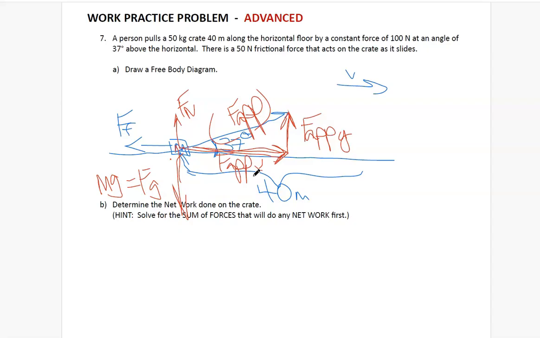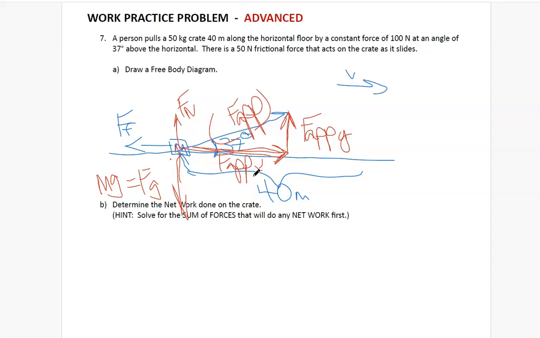So now, if you look at this, you'll notice there are a total of 3 vertical forces: the weight force, the normal force, and the vertical component, the y component of that diagonal applied force. And among the horizontal forces, you have 2.